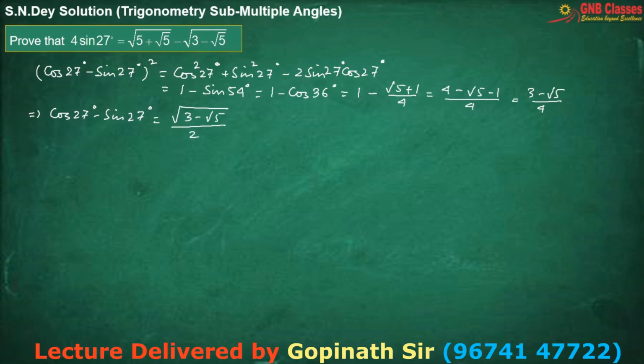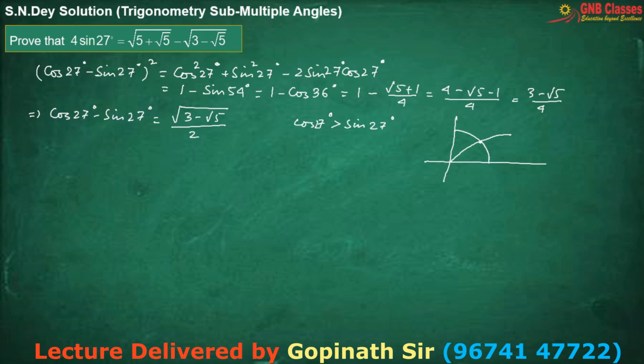Now you observe, I have not given a plus minus sign over here because cos 27 degrees is always greater than sin 27 degrees. You can easily understand this with the help of this graph. This is your cos x graph and this is your sin x graph.